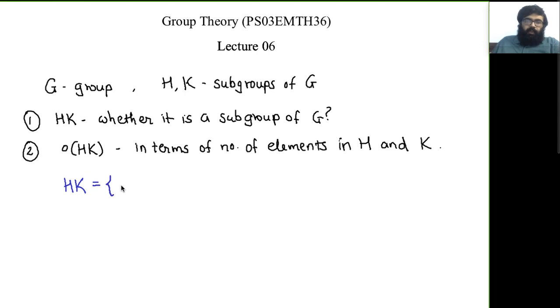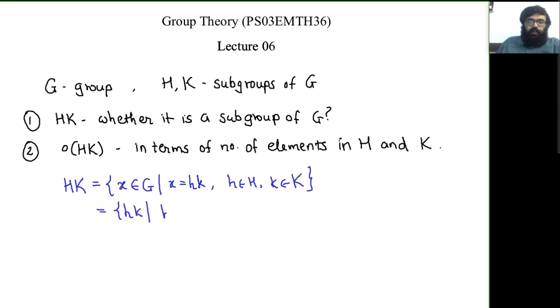It is the set of X belonging to G such that X equals hk, where h is in H and k is in K. Or we can directly write it as hk such that h in H and k in K. Just like the cosets we have seen.